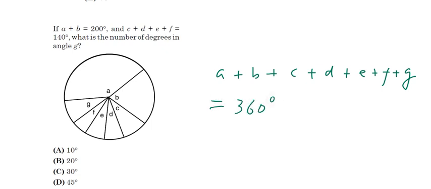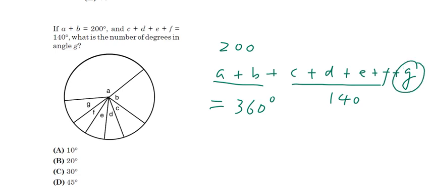If A plus B equals 200 and C, D, E, F equals 140, then what is G? G is just 360 minus 200 minus 140, which is 20, so G equals 20 degrees.